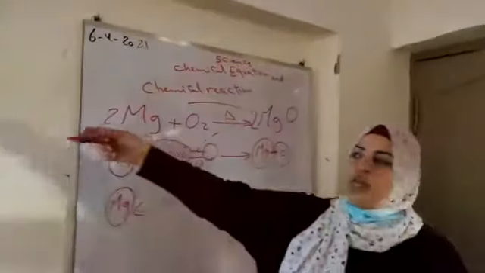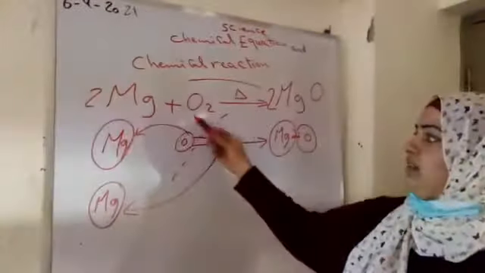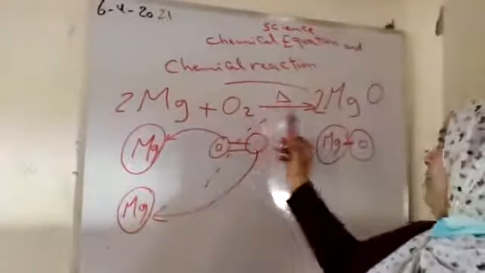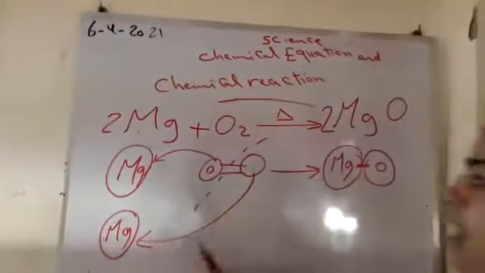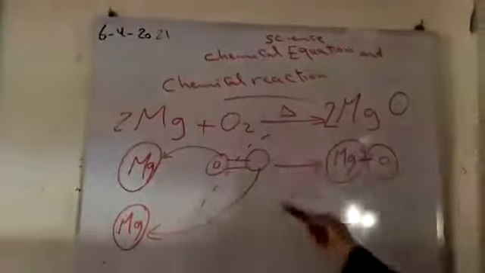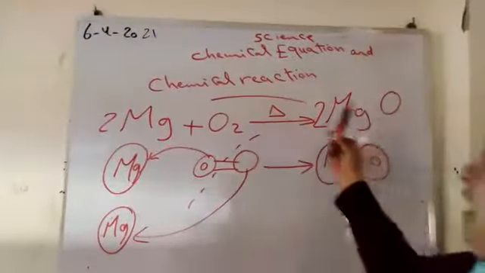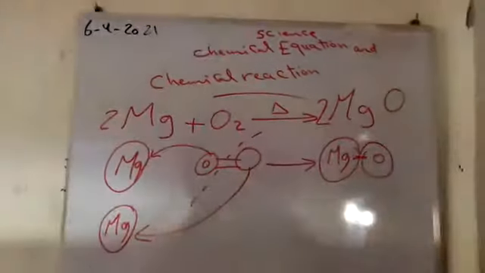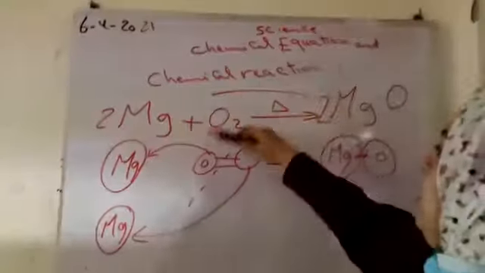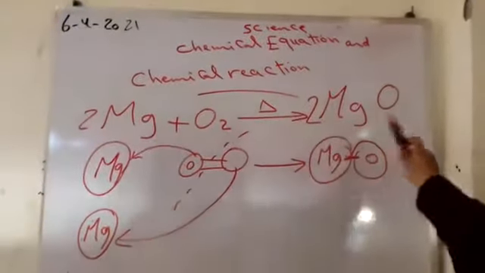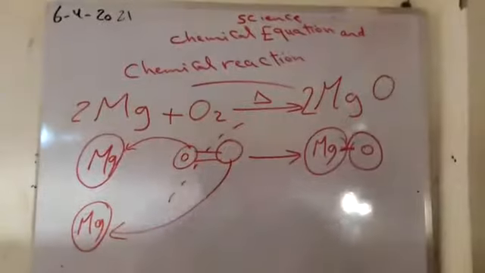The chemical equation is a set of symbols or chemical formulas that represent the reactant and the product in a chemical reaction, and represents the conditions of the chemical reaction as well.